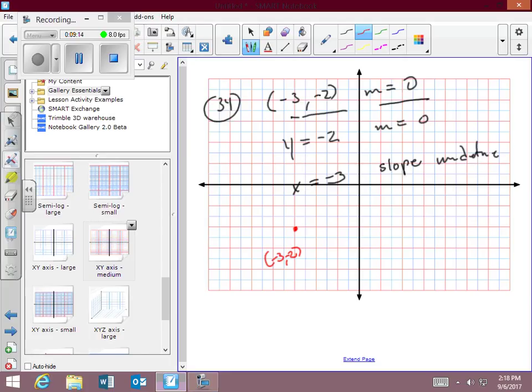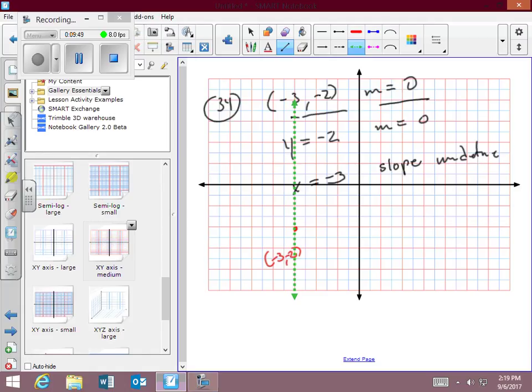If the slope is undefined, then what did we say? Vertical line through there. And what is x all the time on that line, that green line? The x is always what? -3. And that's an undefined slope. Are you following what I'm saying? Okay.